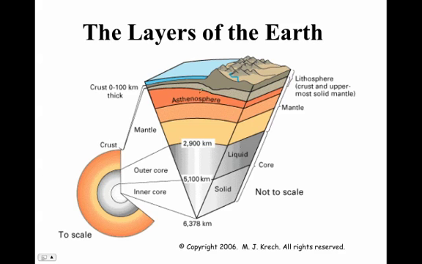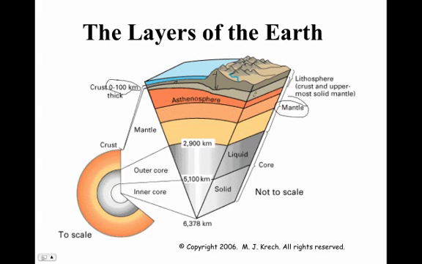We have the earth's crust, which is approximately 0 to 100 kilometers thick. The crust is made of basically continental crust as well as crust underneath the ocean. Then we have the mantle, which I talked about before.